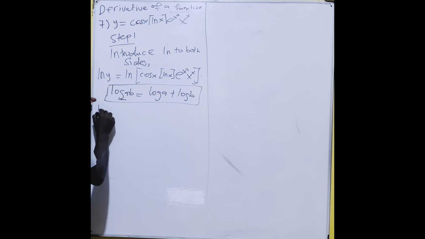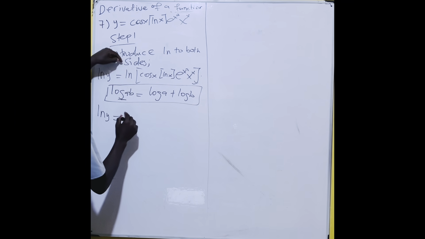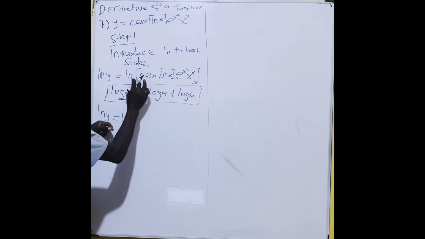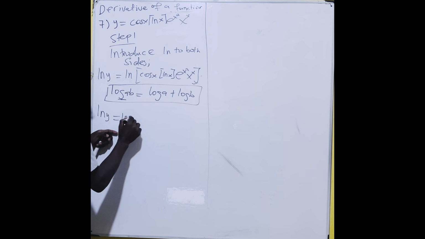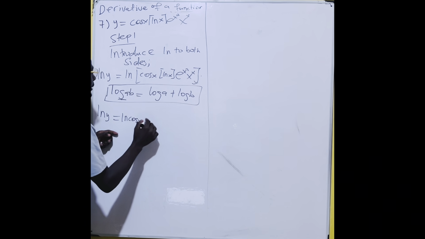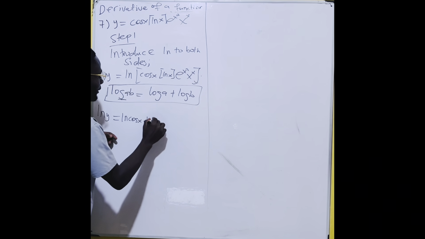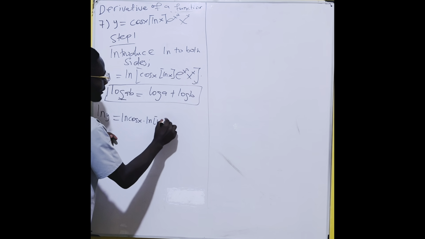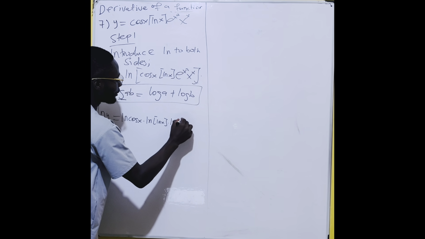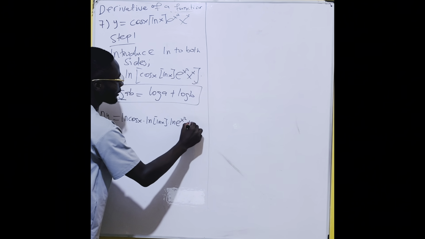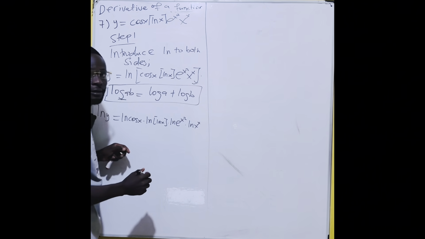Okay, so we are going to apply it on this. So we have ln y equals ln. Let's try to spread the ln across board before we separate them. So we have ln cos x times ln into ln x times ln into e to the x squared times ln x to the x, right?